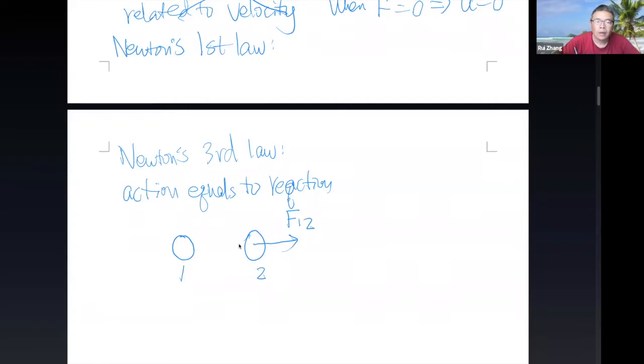And then correspondingly, the second object exerts a force on the first object. This is the reaction, called F21. According to Newton's third law, these two forces are equal. F12 equals F21. So this is our Newton's third law. Does that make sense? It seems reasonable, right? It's pretty intuitive.